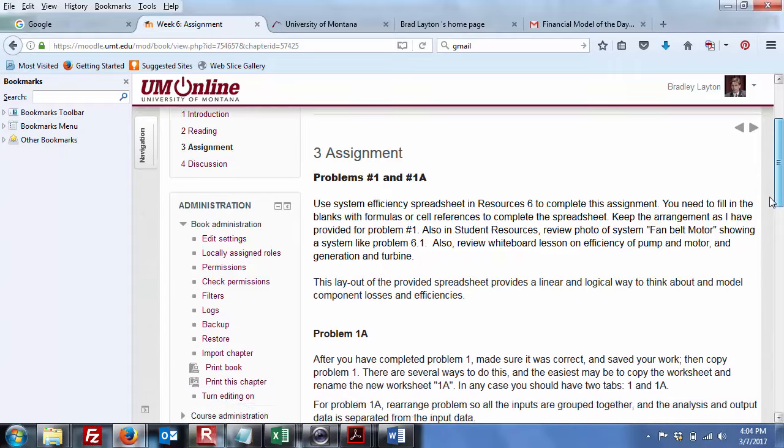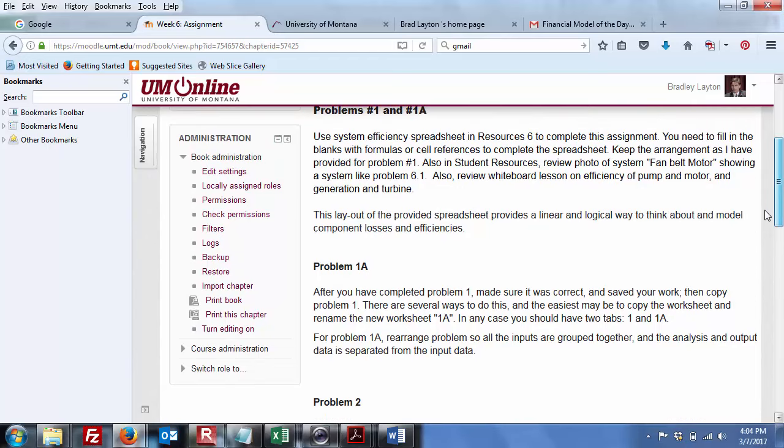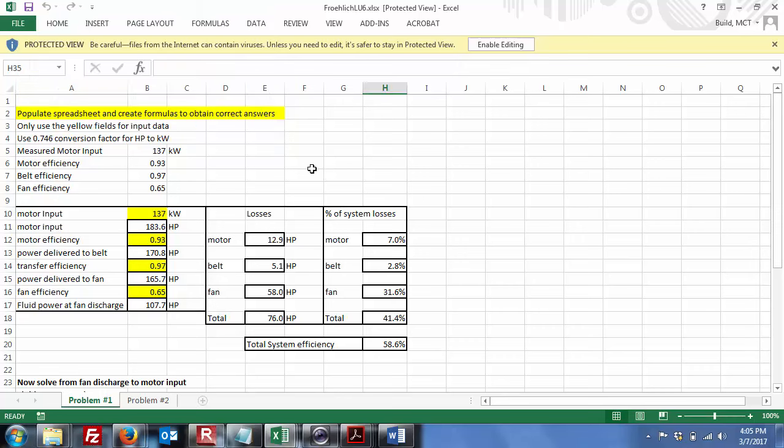Okay, so the spreadsheet has been provided. I think everything in those 2 boxes to the right starts at blank, and that's what you're asked to calculate, is like the losses. Oh, for each specific one, okay, super, thanks.